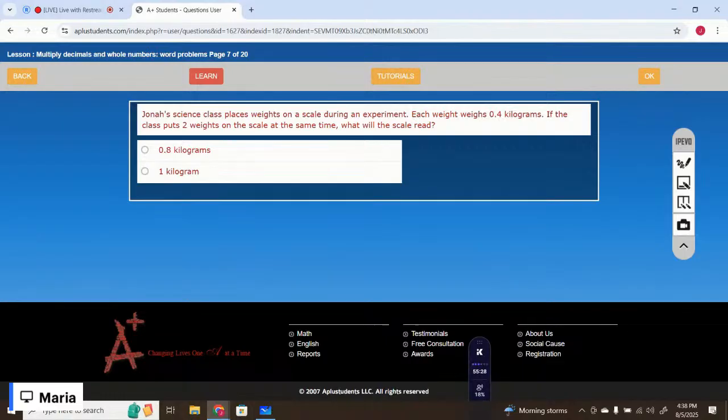If the class puts two weights on the scale at the same time, what will the scale read? 0.4 times 2 is 0.8 kilograms. Option number 1 is the correct option.